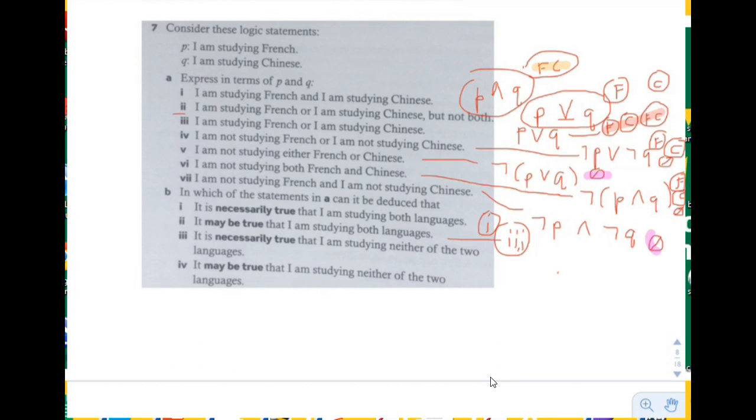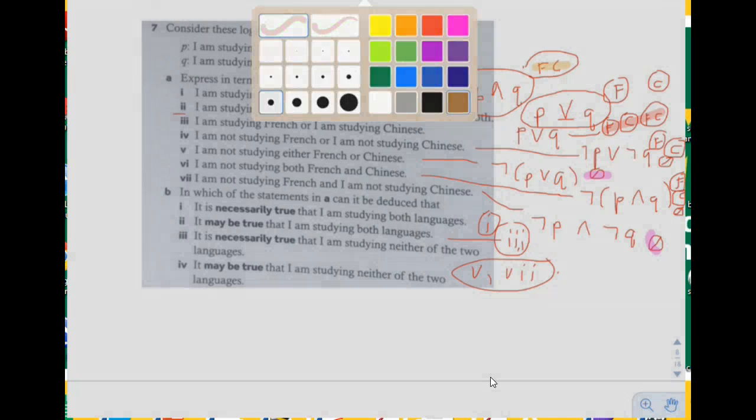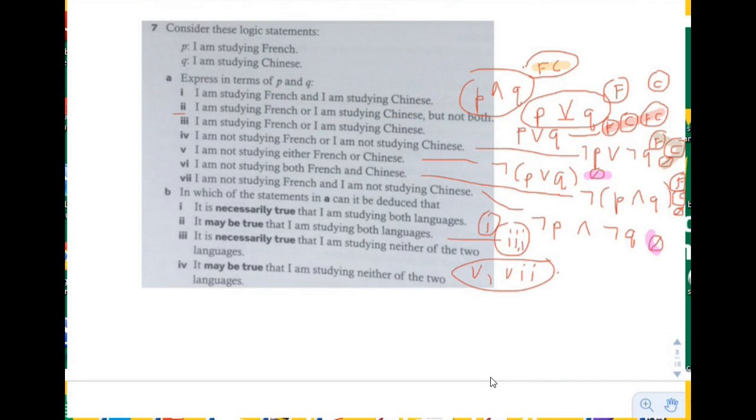So that would be 5 or 7. Okay. It may be true that I'm studying neither of the two languages. So that would be the cases where we have the empty set but with other possibilities. So that would be those two. It would be 4 or 6. Okay? And so that is the end of this page.